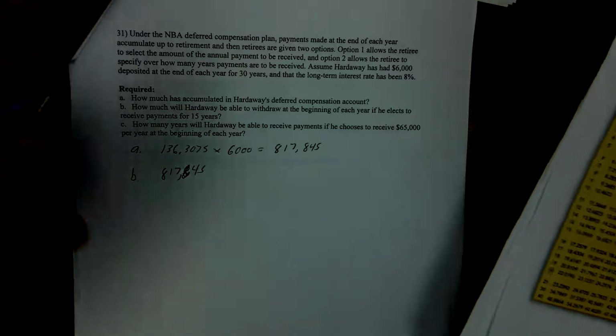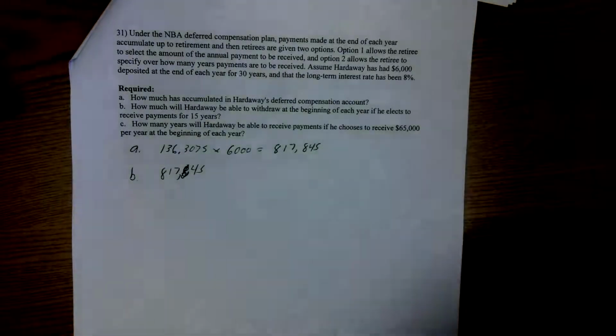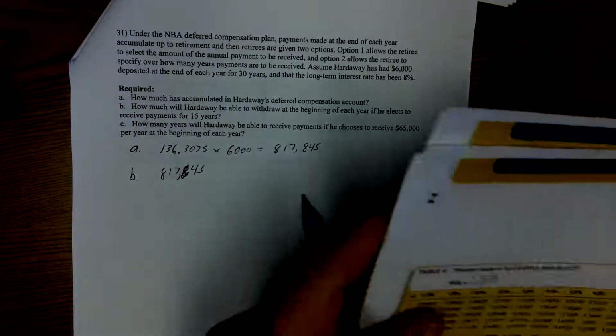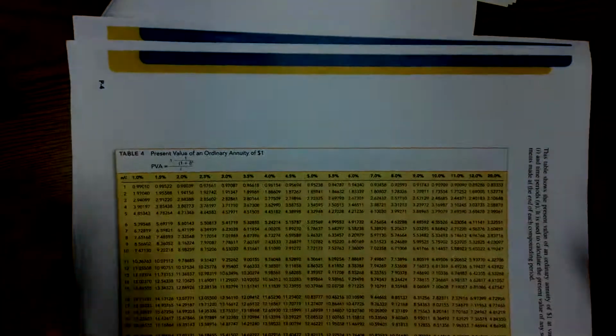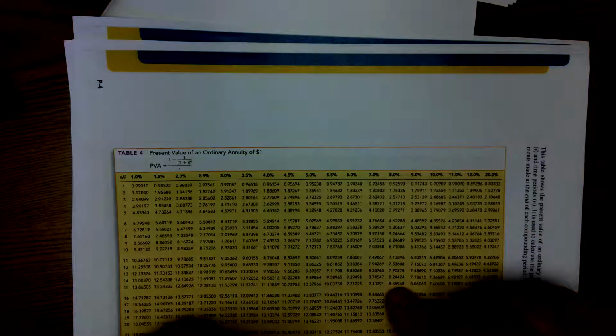So we need the present value of an ordinary annuity for 15 years and 8%.